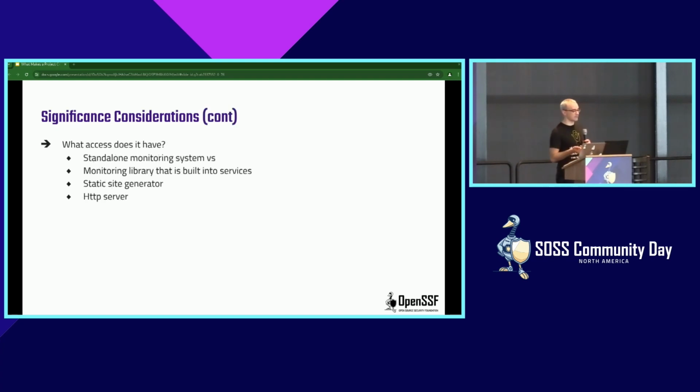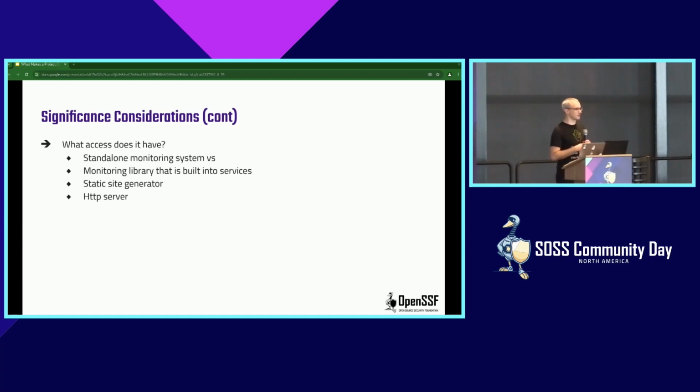Continuing on significance, what is the access that this typically has in a system? If you imagine a standalone monitoring system, it's pulling in data from all the different services in a system, but it might not have any actual access to the database to read critical information or write access to other parts of your infrastructure. Whereas that same project might have a monitoring library that's built into every single one of your services, which, if it had a vulnerability, then every single one of your services would have a vulnerability.